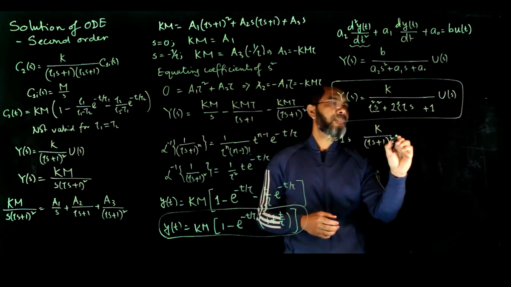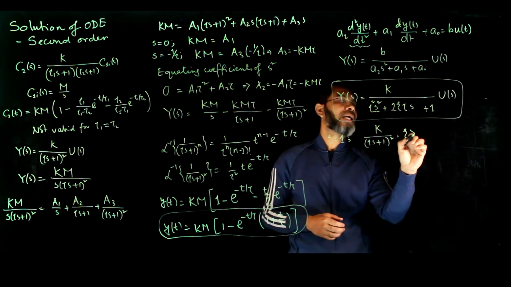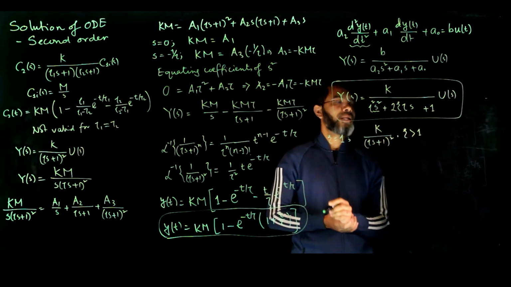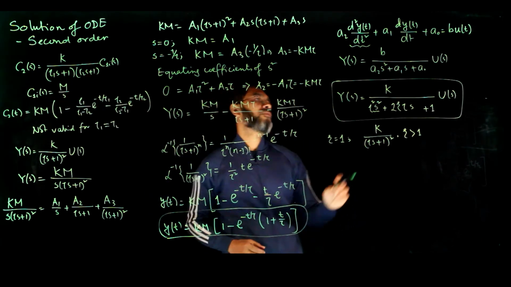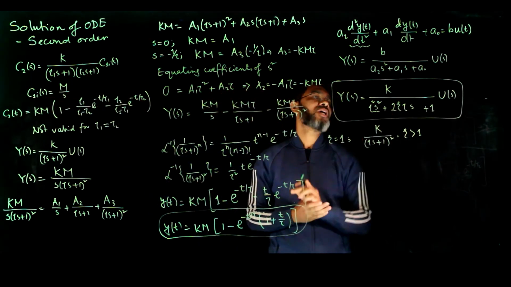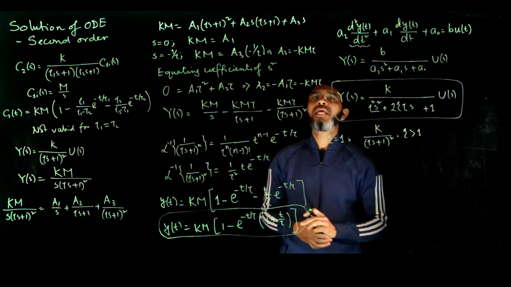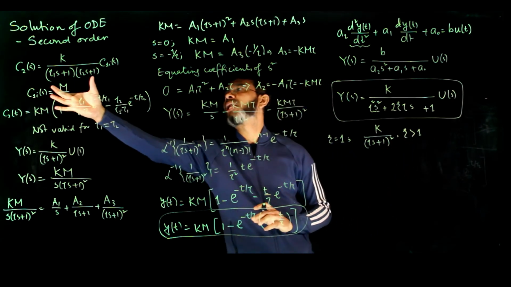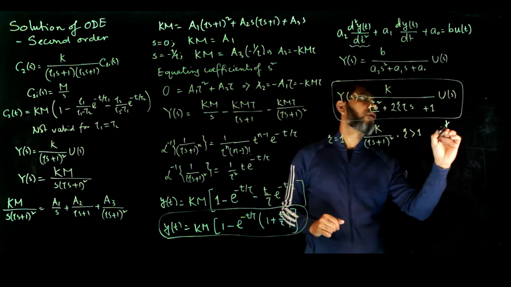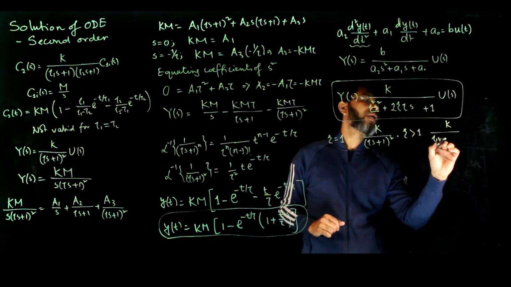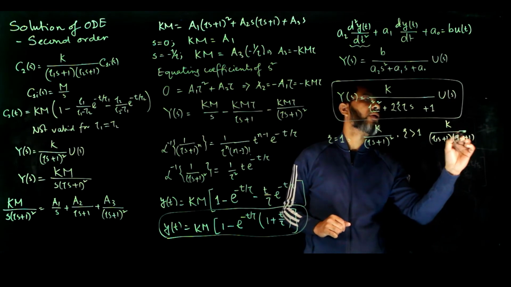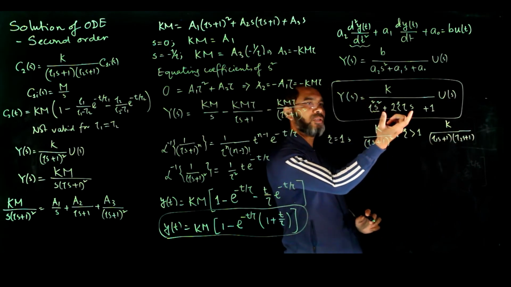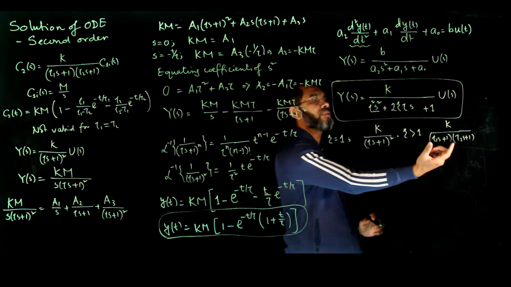Now if xi is greater than 1, you can factorize it to get K over tau 1 s plus 1 times tau 2 s plus 1, meaning that this polynomial will have real roots.